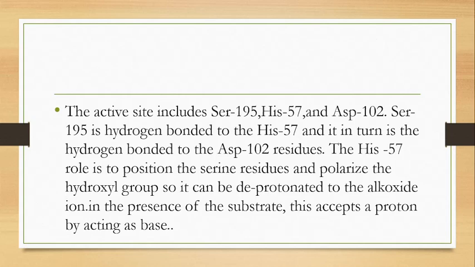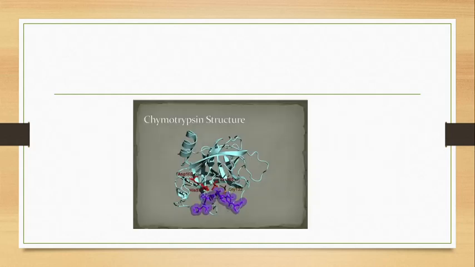The histidine 57 role is to position the serine residue and polarize the hydroxyl group so it can be deprotonated to the alkoxide ion. In the presence of the substrate, this accepts a proton by acting as a base. And this is the chymotrypsin structure, which is in the form of folding.